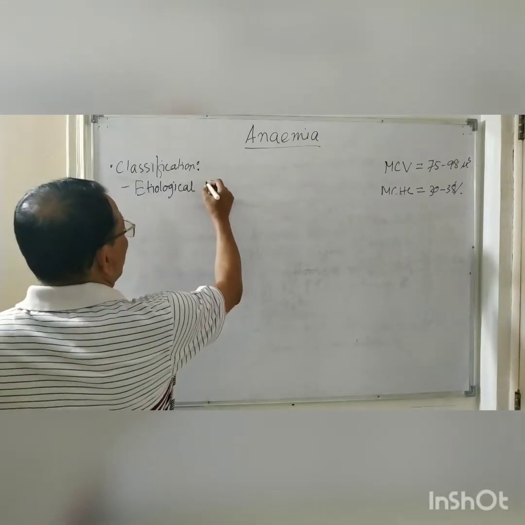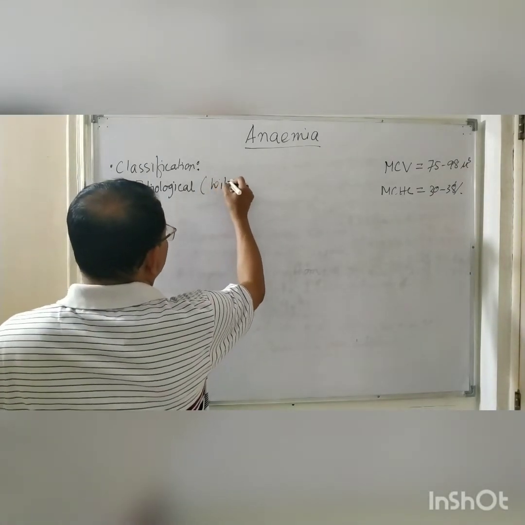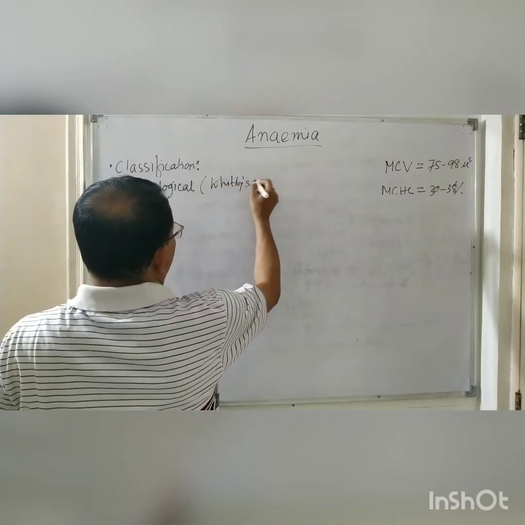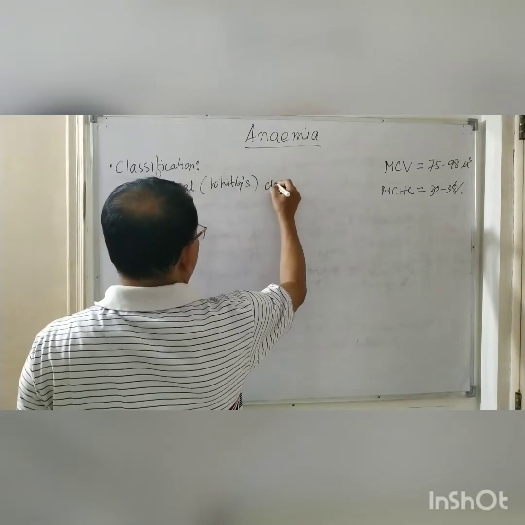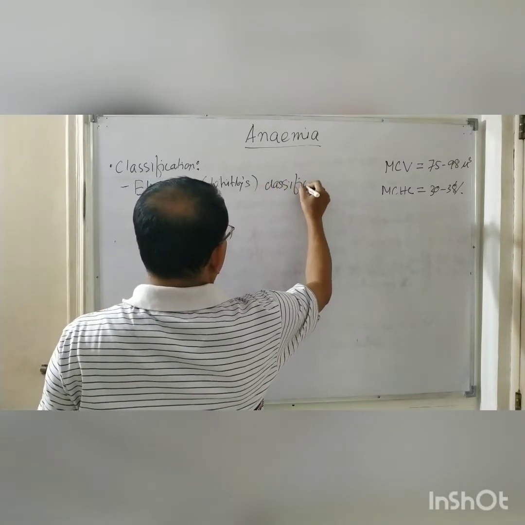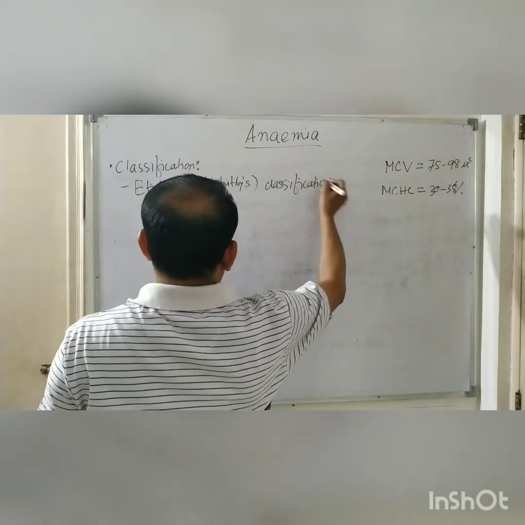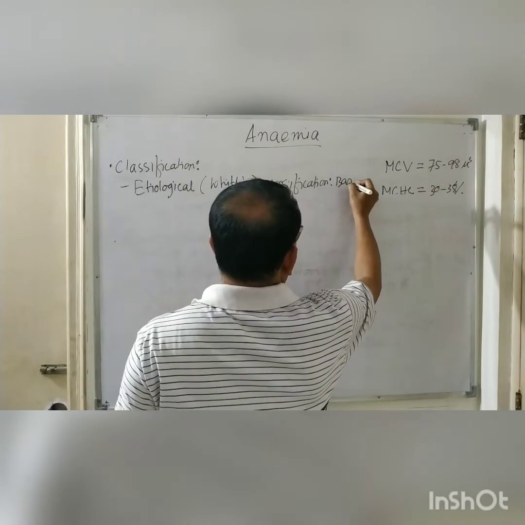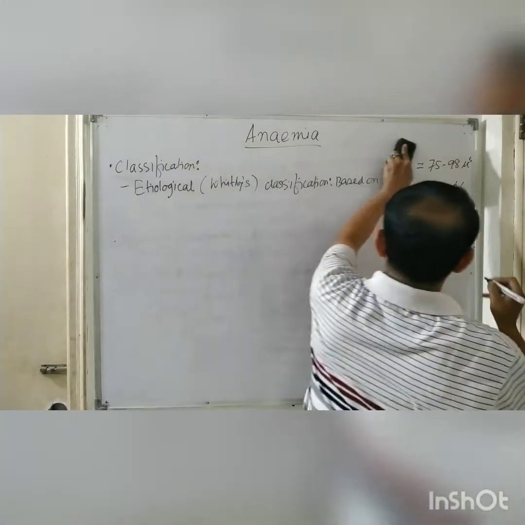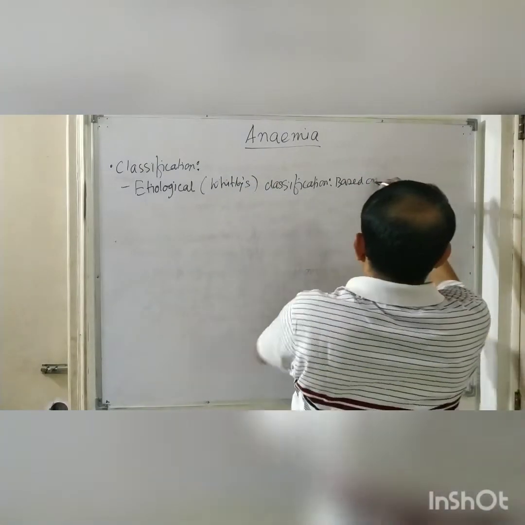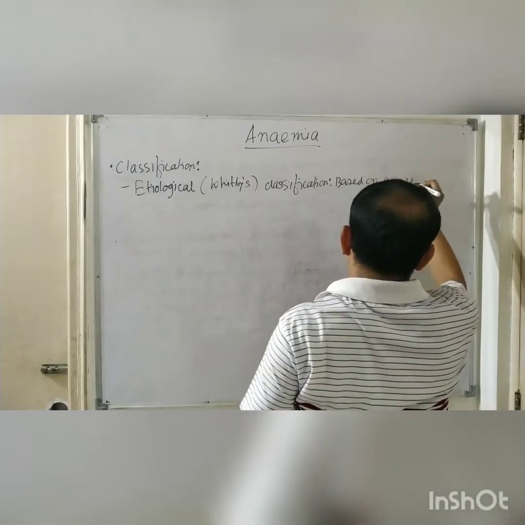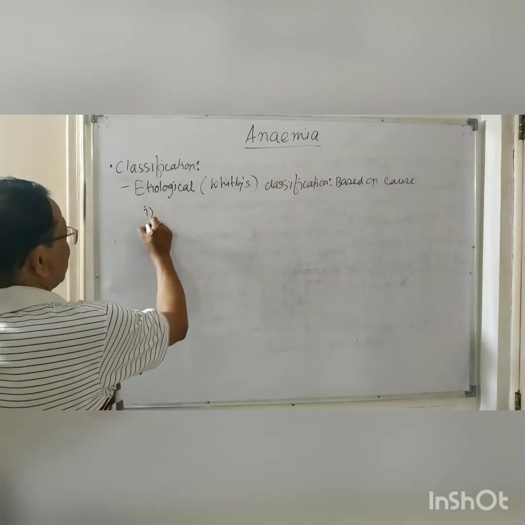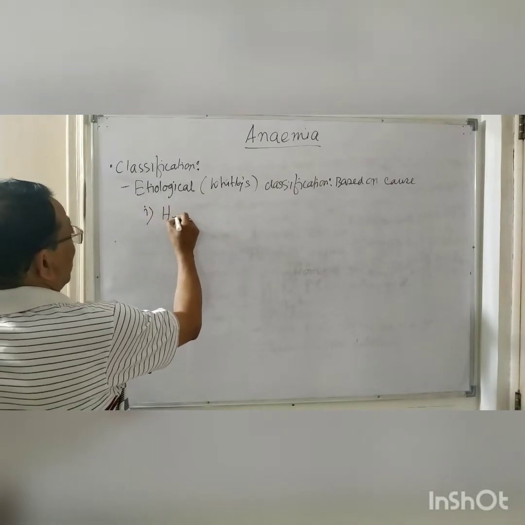This was proposed by the scientist Jaypee, and thereby it is also known as Jaypee's classification. As per this etiological classification, the first one is known as hemorrhagic anemia.